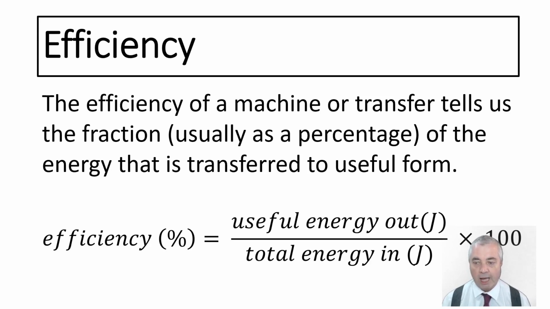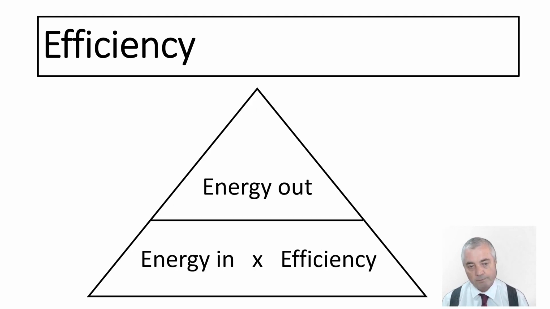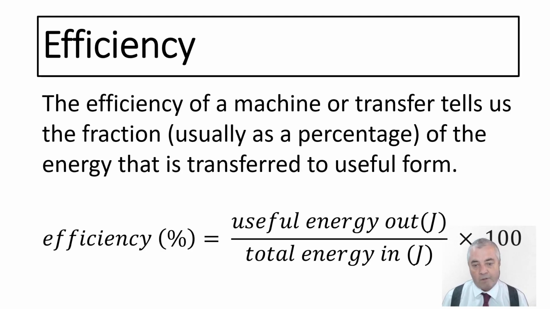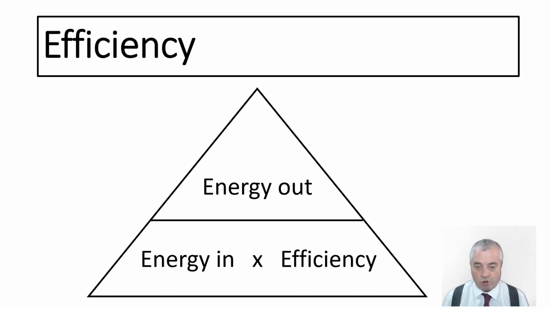And we normally like to have it as a percentage, so to get it as a percentage, we multiply by 100. And then, as I said before, there's a triangle because it's got 3 things in it: efficiency, useful energy out, total energy in. There is a triangle which will tell you how to calculate it.